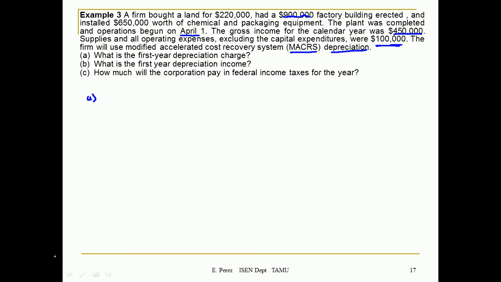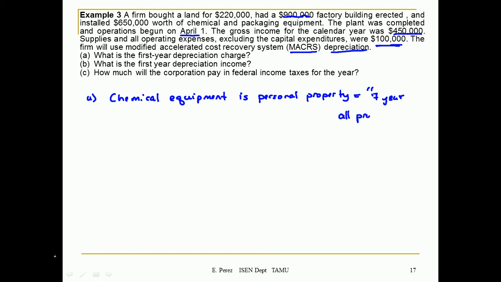So letter A. We have chemical equipment is personal property, which equals a 7-year property class.